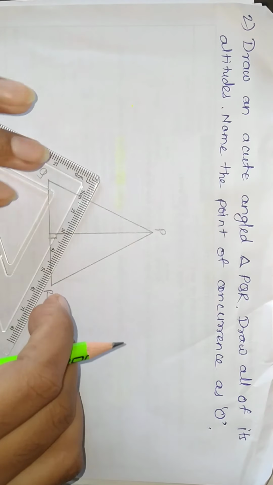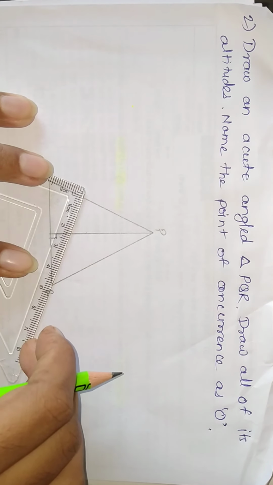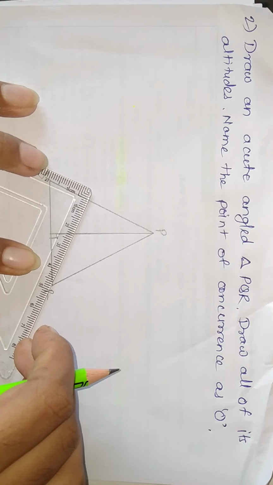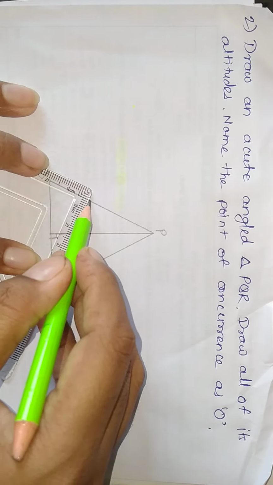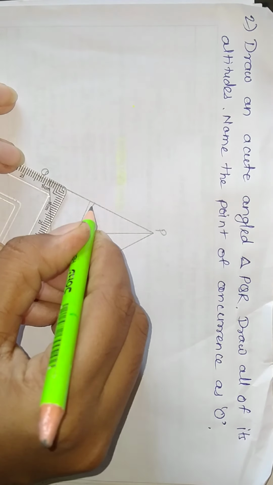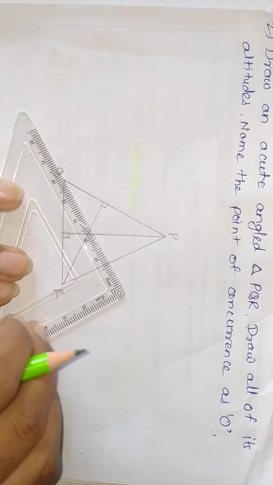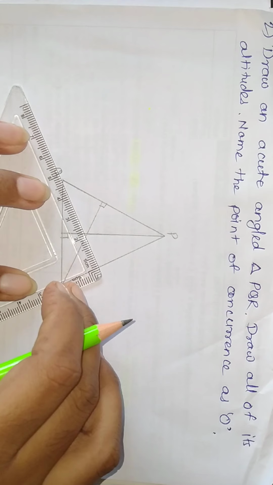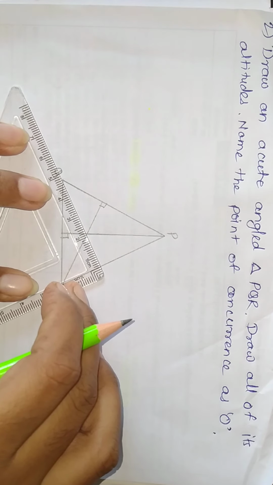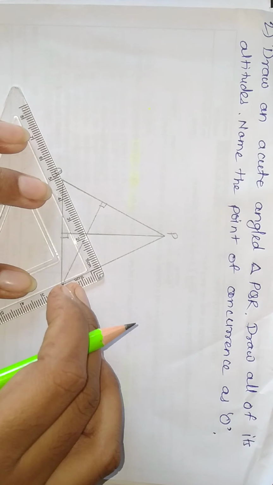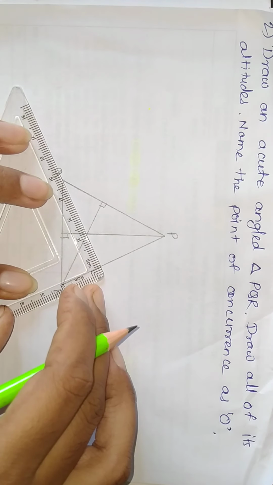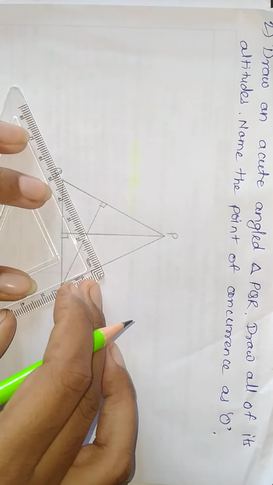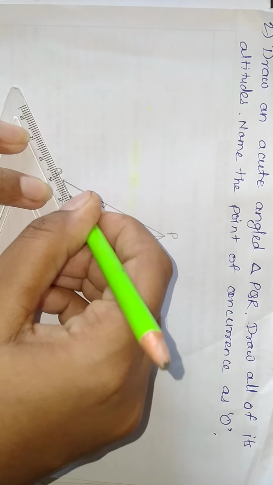Then from point R, then from point Q. This perpendicular is not a median of the triangle, so it may come anywhere, but it should be perpendicular.